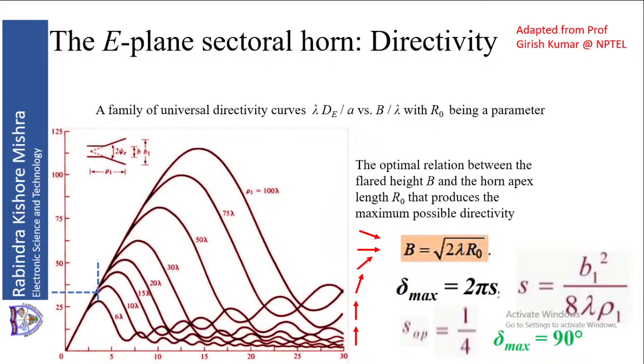So 3 cancels out, 10 to the power 8 by 10 to the power 9 means 10 to the power minus 1 meter, that is 10 centimeter. So 10 centimeter into 100 lambda, rho 1 is equal to 100 lambda, gives 1000 centimeter. 1000 centimeter is 10 meter. So it is quite a large antenna.